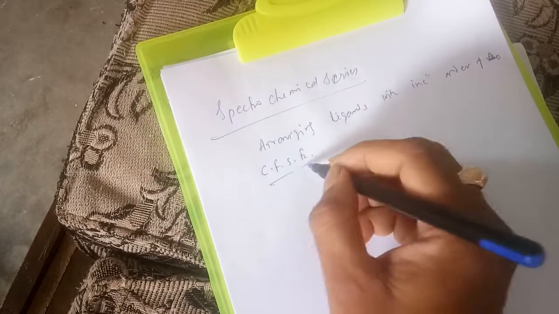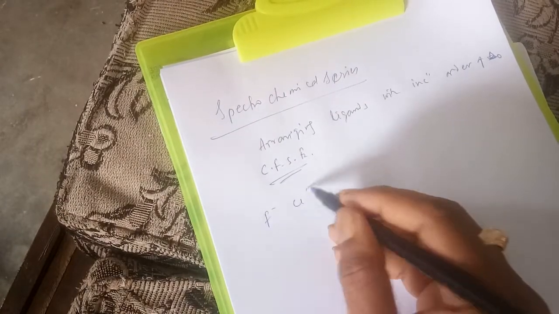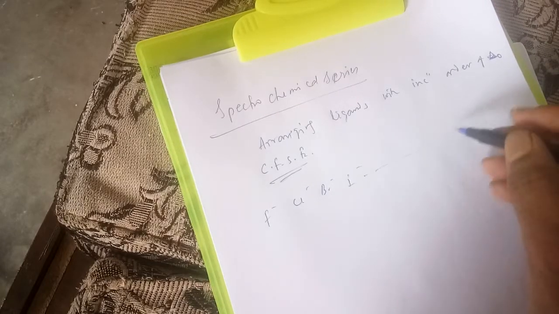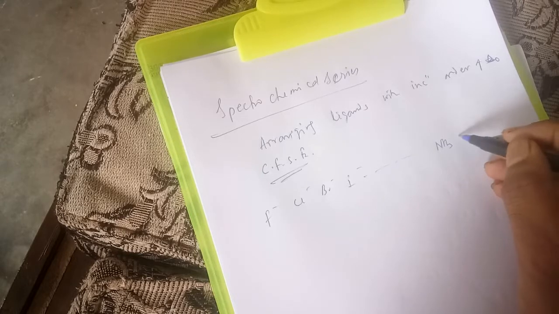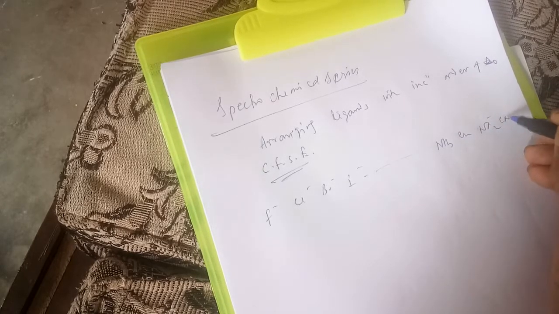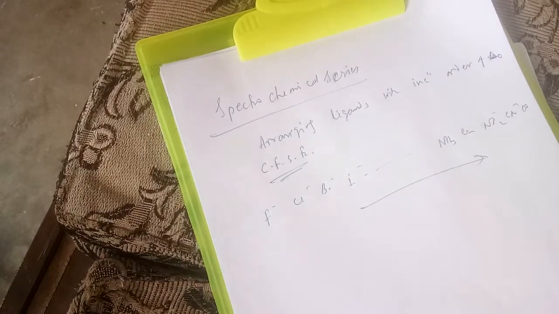Because del O is for octahedral, it is also applicable to tetrahedral. In this series you will get fluorine, chlorine, bromine, iodine, then NH3, en, NO2 negative, CN negative, CO. This series is called your spectrochemical series.